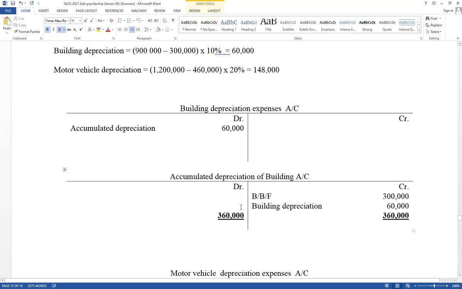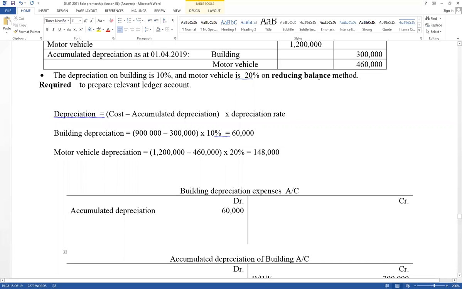Then the difference value is also 360,000. That value is the balance carried down from the debit side to the credit side. Therefore, the closing balance equals 360,000 as a balance brought forward on the credit side. This value should be included in the financial position. This value should be included under administration expense.